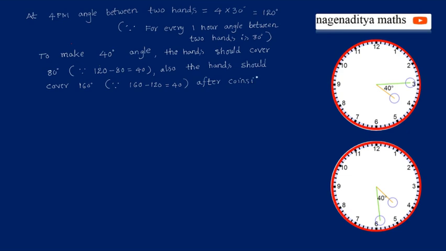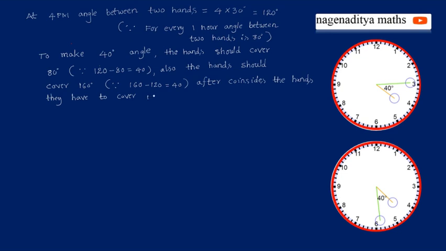We will calculate the time when the two hands cover 80 degrees. We know that the relative speed of the minute hand and hour hand is 5.5 degrees, that means for 1 minute the angle between the hour hand and minute hand changes by 5 1/2 degrees.